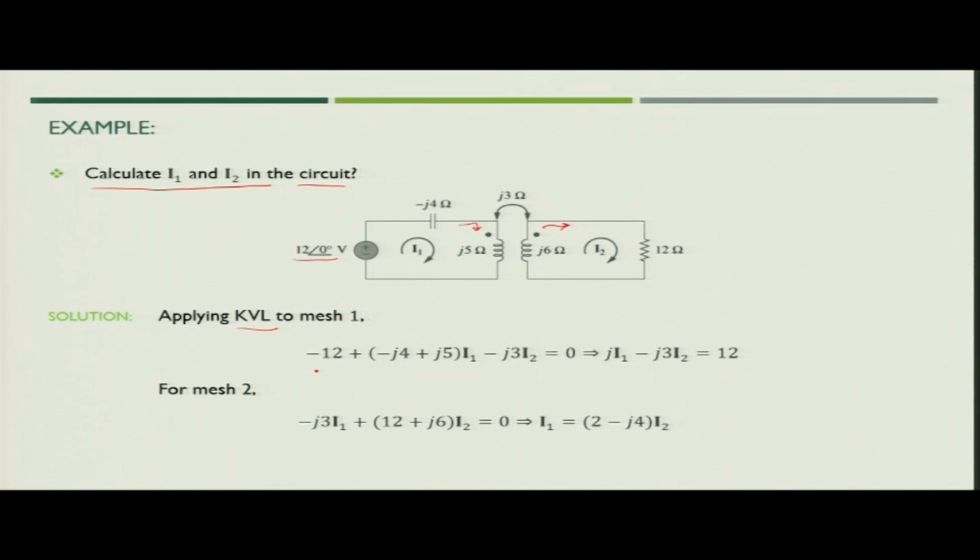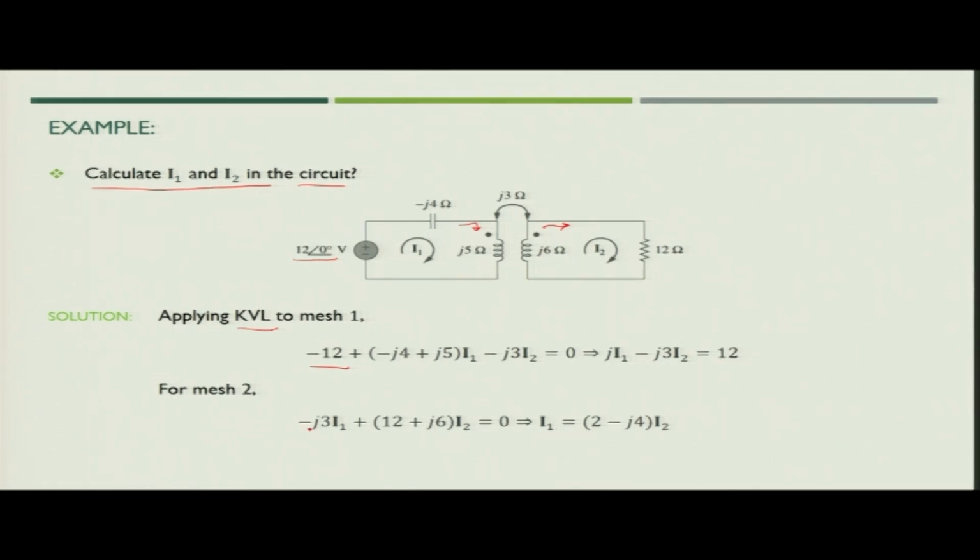So, for mesh 1 you can write -12 + (-j4 + j5) I1 - j3 I2 for the mutual voltage. After simplification you get jI1 - 3jI2 = 12.